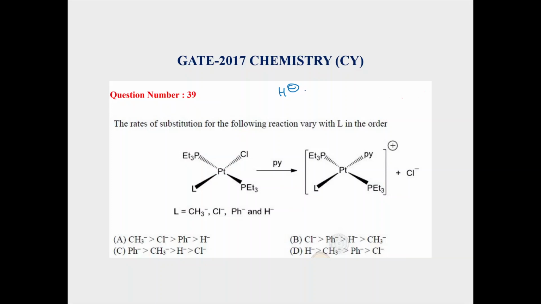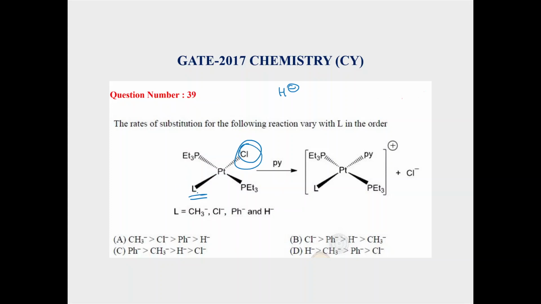That means, in this case, we understood that Cl is getting replaced by pyridine, right? So Cl has to get replaced. So we have to see what is trans to it. So in trans position to this Cl, the CH3, Cl, PH or H minus, all those things could be there.